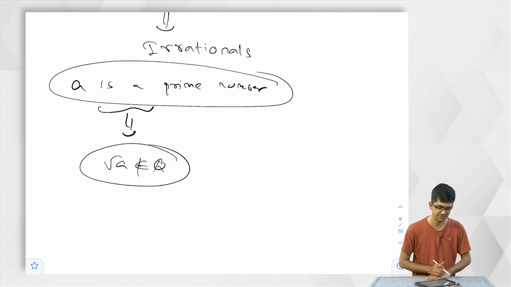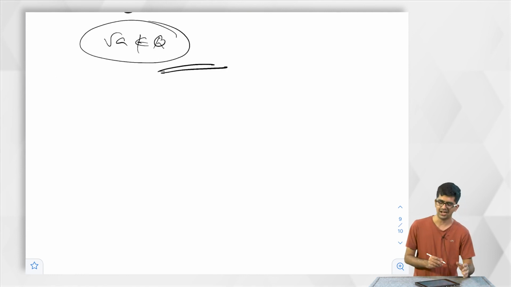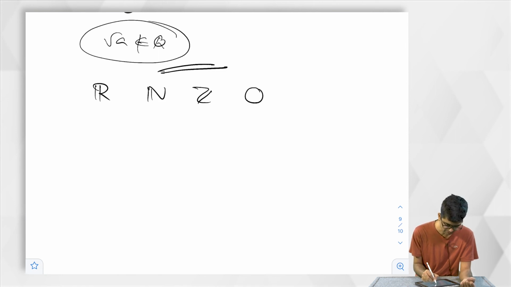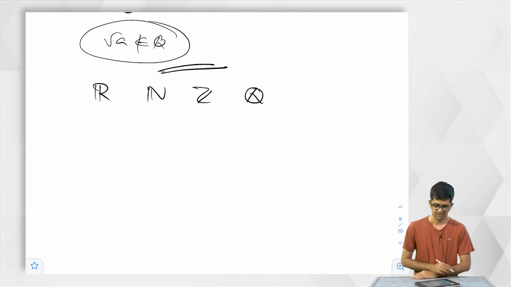You can check this for yourself. So now what do we have? Just the completeness property of R suggests there are so many elements in R that are not elements of natural numbers, integers or rational numbers.